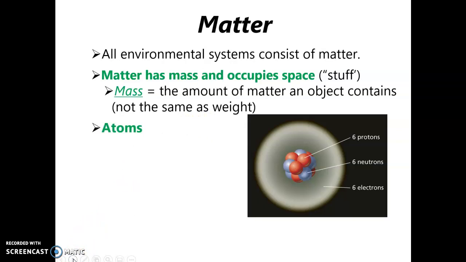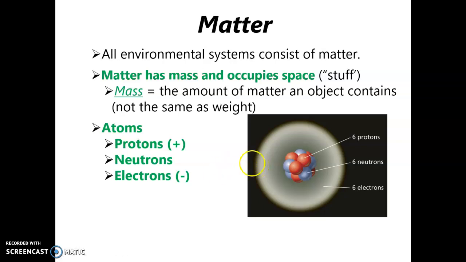Okay, so matter is made of atoms. Atoms are the smallest single unit of matter that we have, though within atoms there are other particles that are smaller. So the three major components of atoms are protons, neutrons, and electrons.